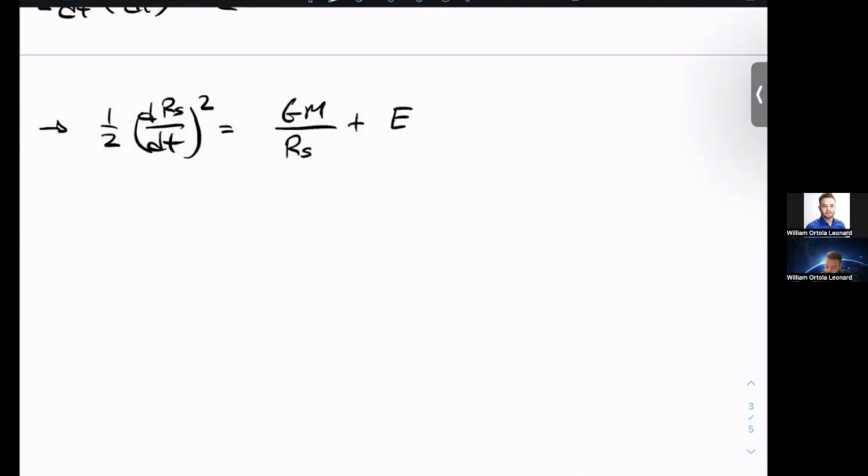So if you remember, any physical distance can be related to the moving distance via the scale factor by just simply multiplying the scale factor times the moving distance, which in this case we're going to denote with this Rs, okay? And therefore what happens now is that all the time dependence is going to be encoded into this scale factor. And so if we take the derivative with respect to time, then only the scale factor is going to take this derivative.